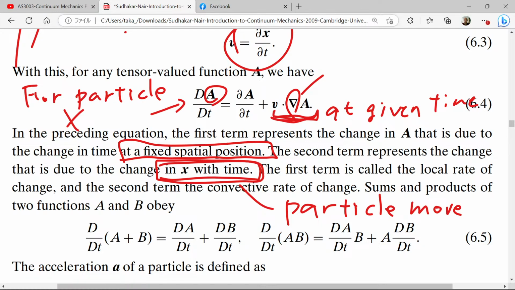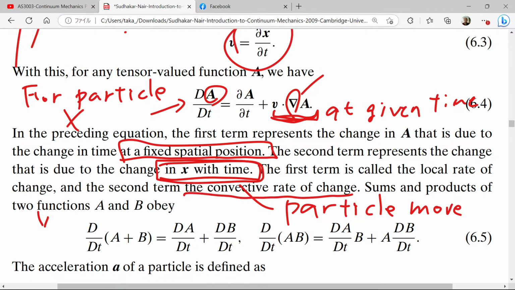That's a tensor field, right? And this is for particle x. The first term is called the local rate of change, and the second term the convective rate of change.